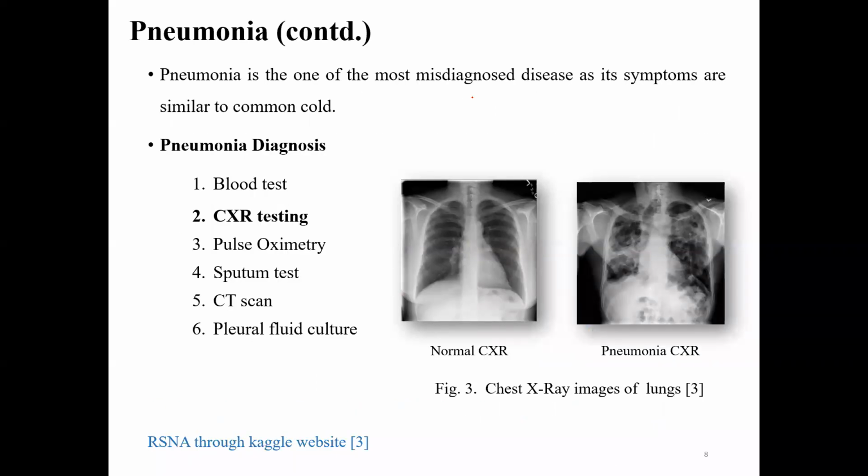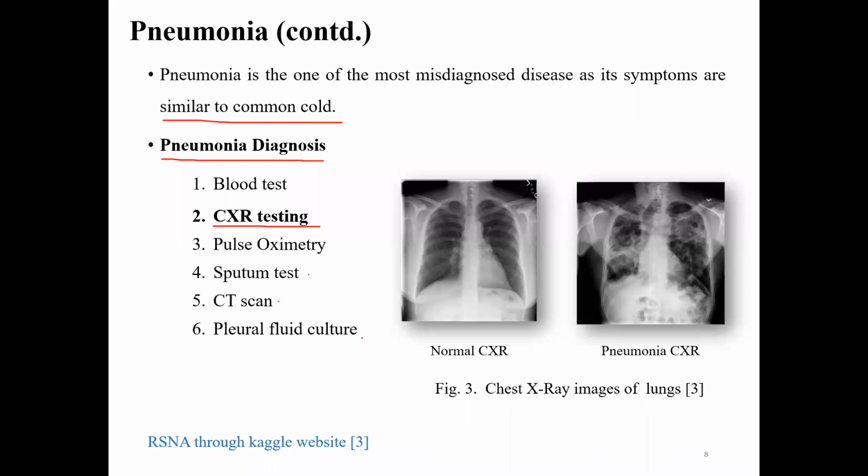Pneumonia is mostly misdiagnosed, as its symptoms are quite similar to the common cold. For pneumonia diagnosis, multiple tests are available, like blood test, chest X-ray testing, pulse oximeter, sputum test, CT scan, and fluid culture.